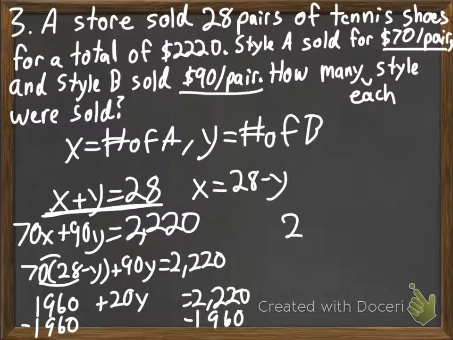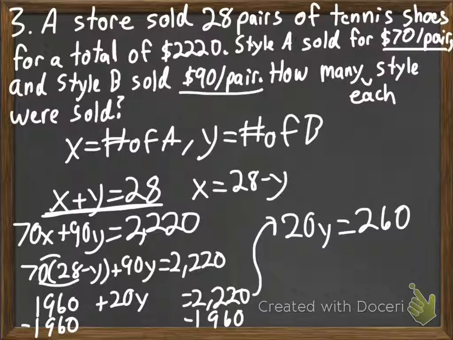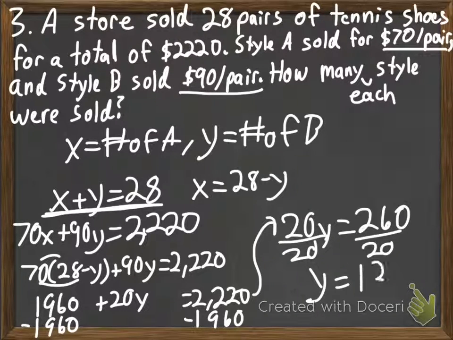And we get that 20y equals 260. Sorry, just punch it in a calculator to make sure that I get it right. Divide by 20. And we see that we get 13. So we know that we sold 13 pairs of style B.